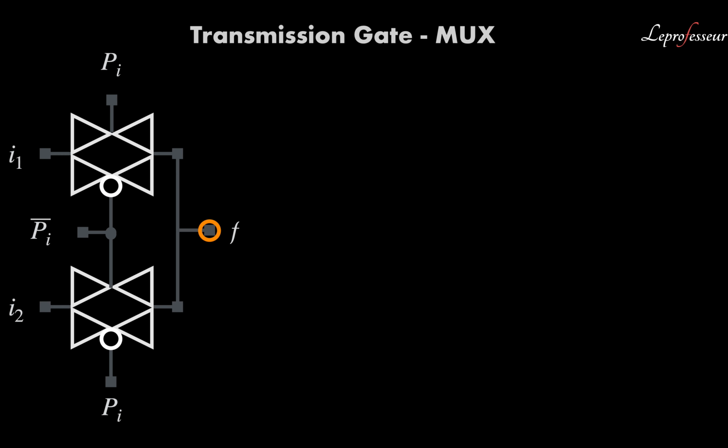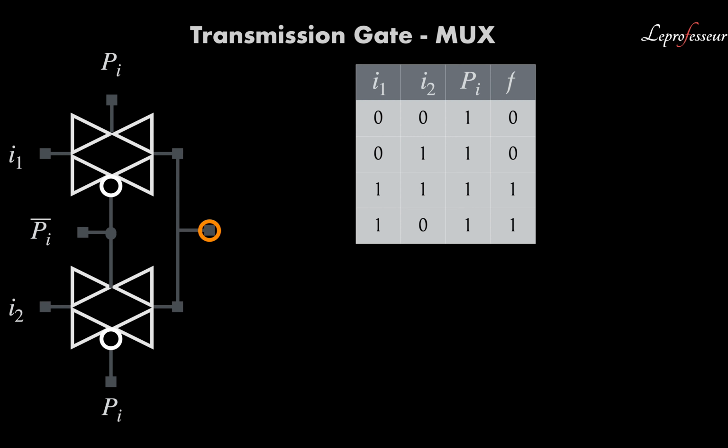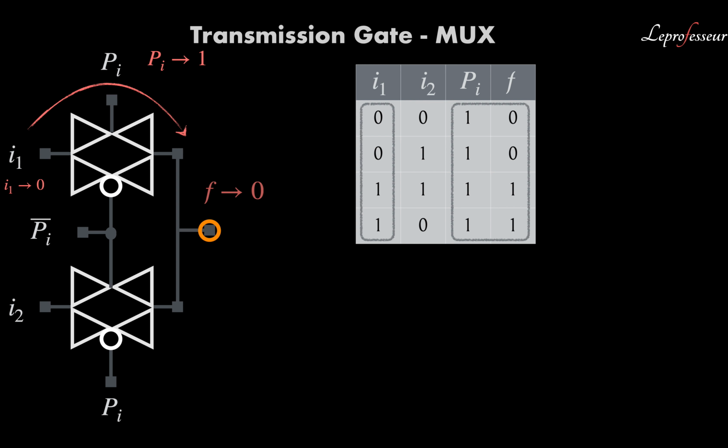Now let's look at what's going to happen. Let's see the truth table of the multiplexer. When PI is 1, we are transmitting I1, so I1 equals F, as you can see here. PI is 1, I1 is 0, and F is 0. Very good.